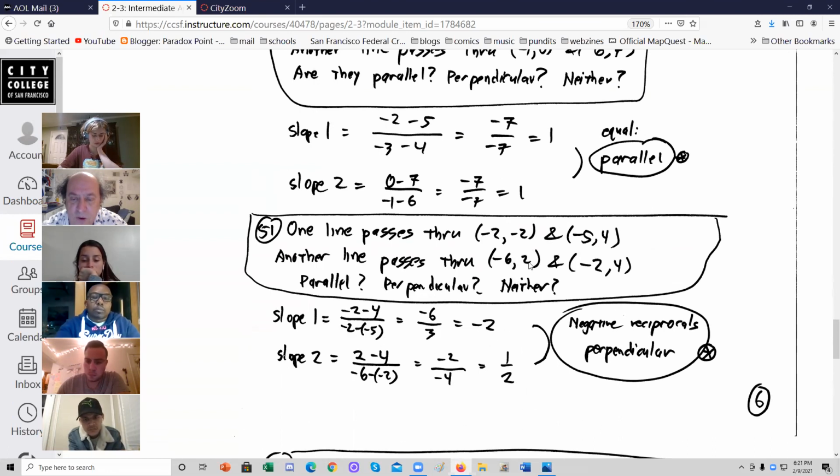The second one, change in y is 2 minus 4 here. Change in x is -6 minus -2 here. So this is -2 over -4, which is 1/2. Now here we have slopes of -2 and 1/2. These are negative reciprocals. If you multiply them, you get -1. Therefore, this line and this line are perpendicular to each other.